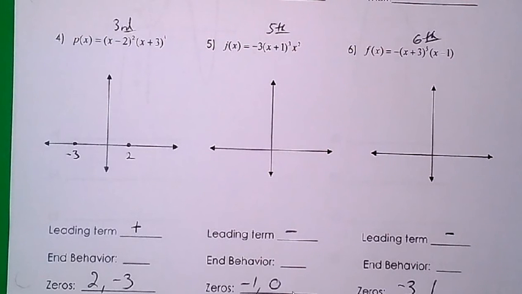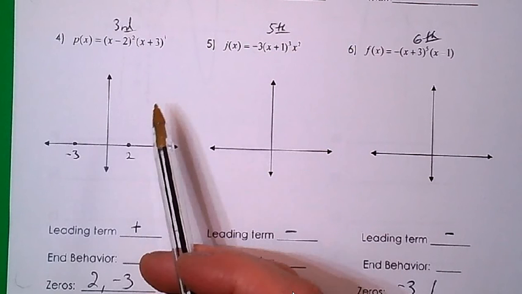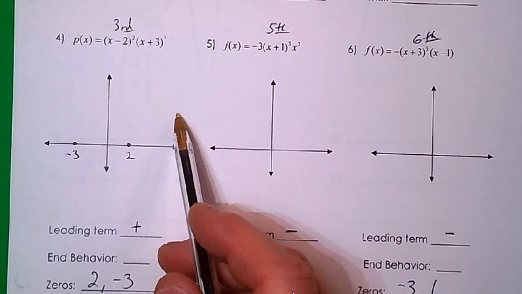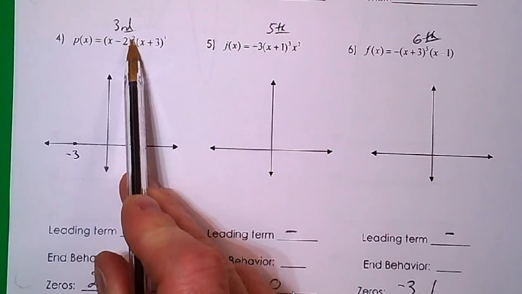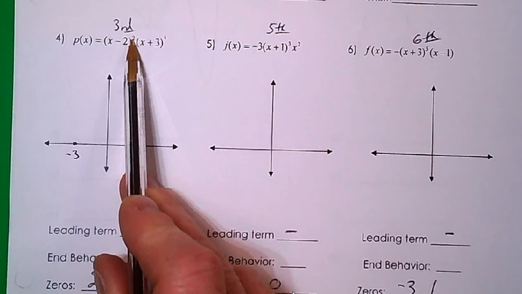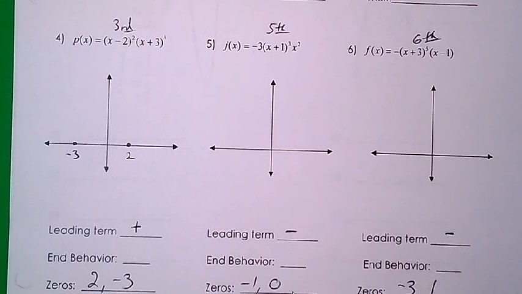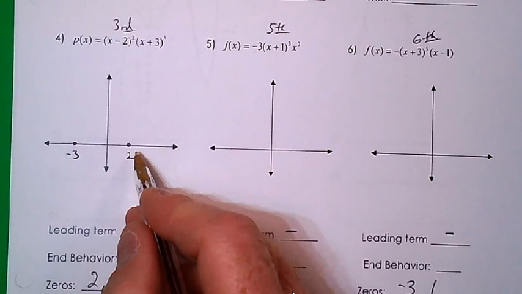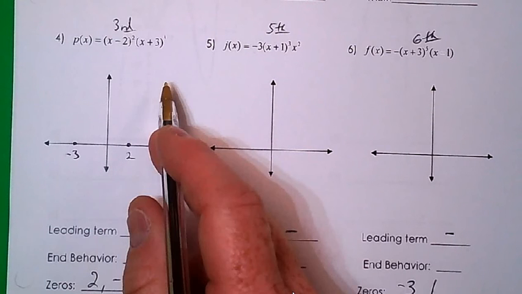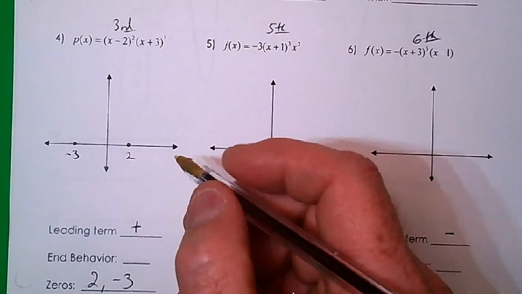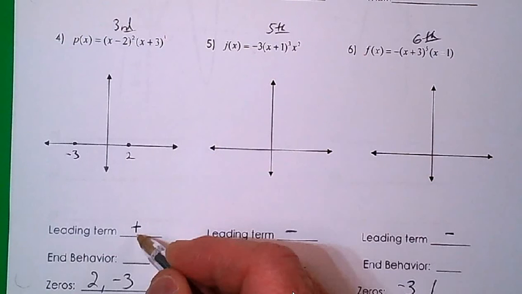Now, we do have some multiplicity here. For the 2, we've got second degree multiplicity, which means it's going to be like a parabola. It's going to bounce. It's a positive leading coefficient and third degree, so it should be like this, right? Yes.